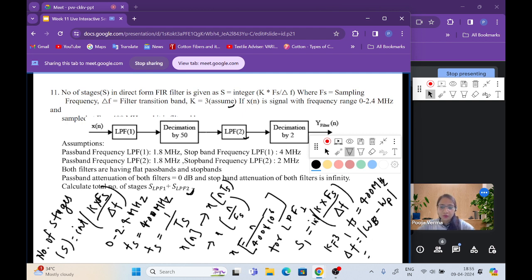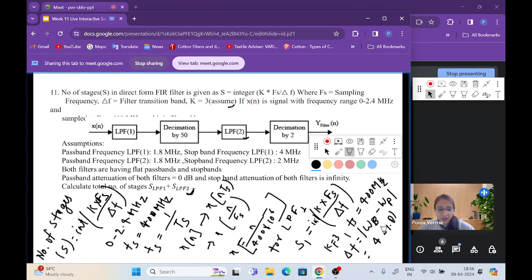So what is the stop band frequency and pass band frequency for low pass filter 1? It is given that the pass band frequency of low pass filter 1 is 1.8 megahertz and the stop band frequency is 4 megahertz. So del f is 4 megahertz minus 1.8 megahertz.